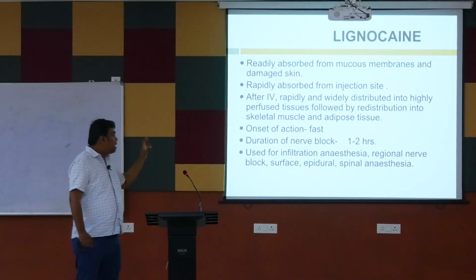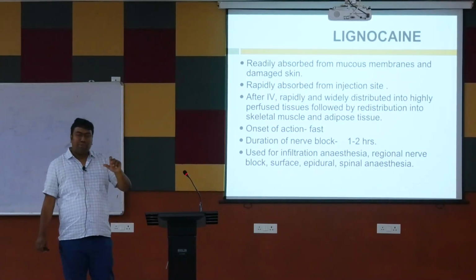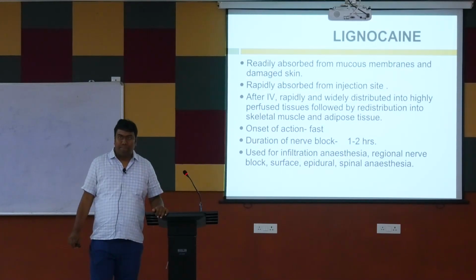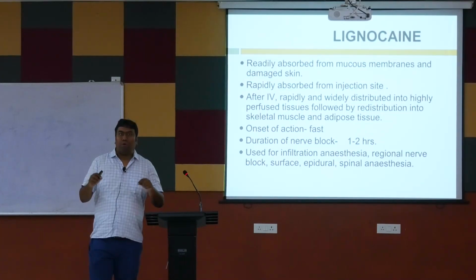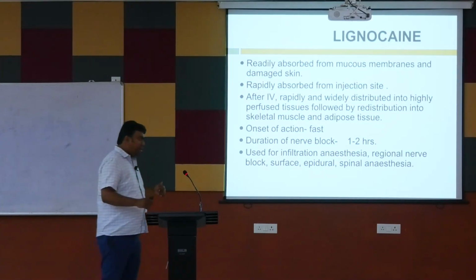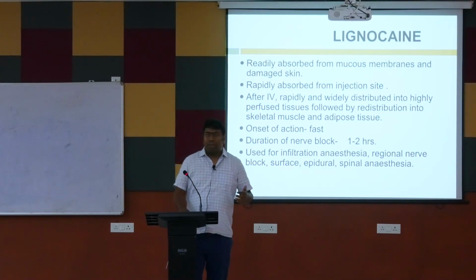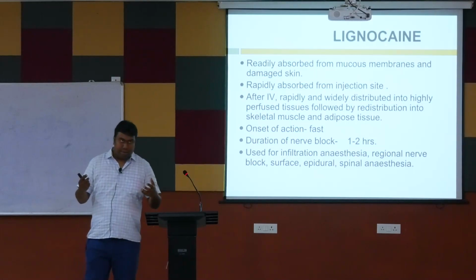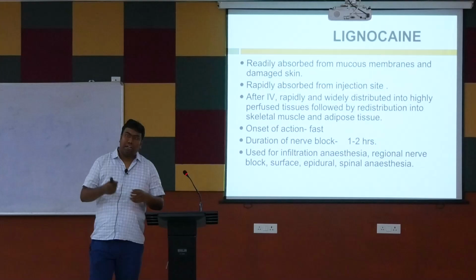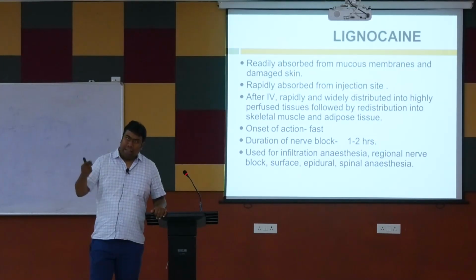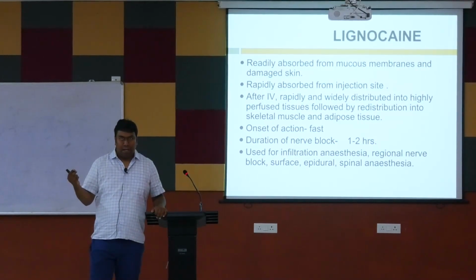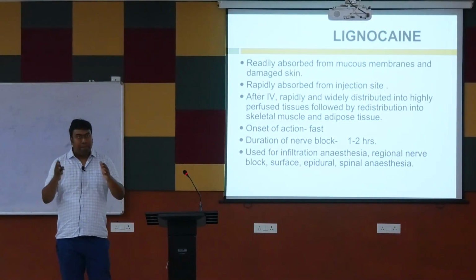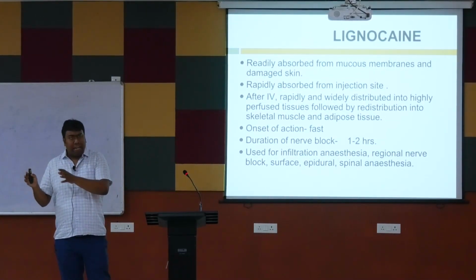there is a phase called redistribution. What is the difference between distribution and redistribution? What is redistribution? When we give a very lipid soluble drug, what happens? They primarily go into those organs which are well perfused, and their action starts there. After that, there will be an equilibrium between that organ and blood.